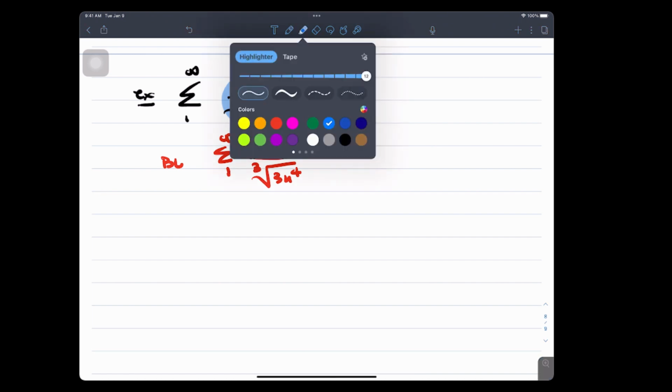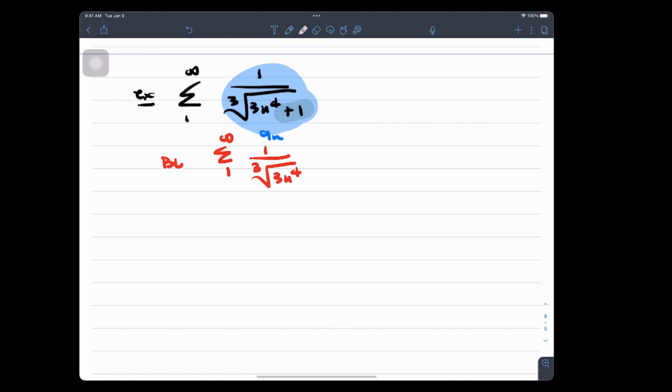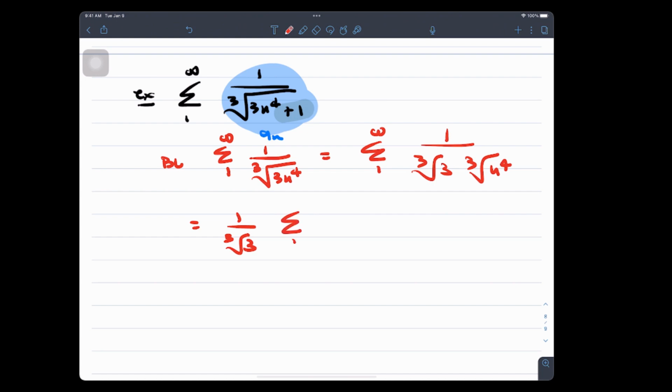So I'm going to remove this constant term, okay? Now, if I simplify this, 1 over the cube root of 3, the cube root of n to the 4th. I can pull out my constant, the cube root of 3. 1 over n to the what? 4/3, I think?